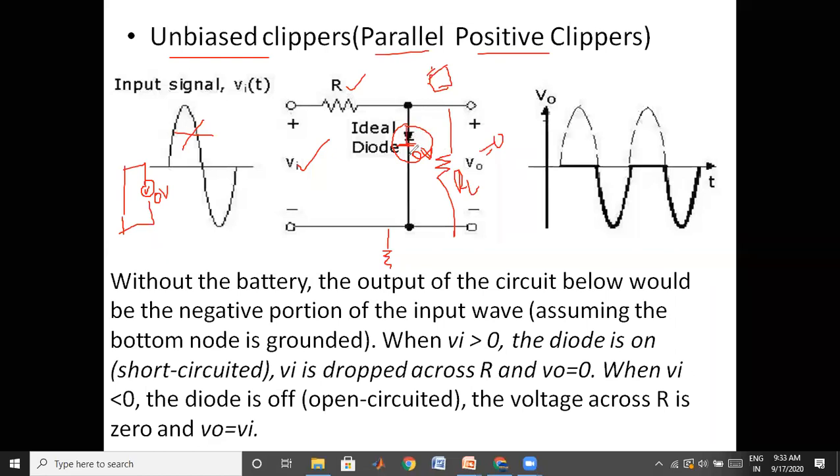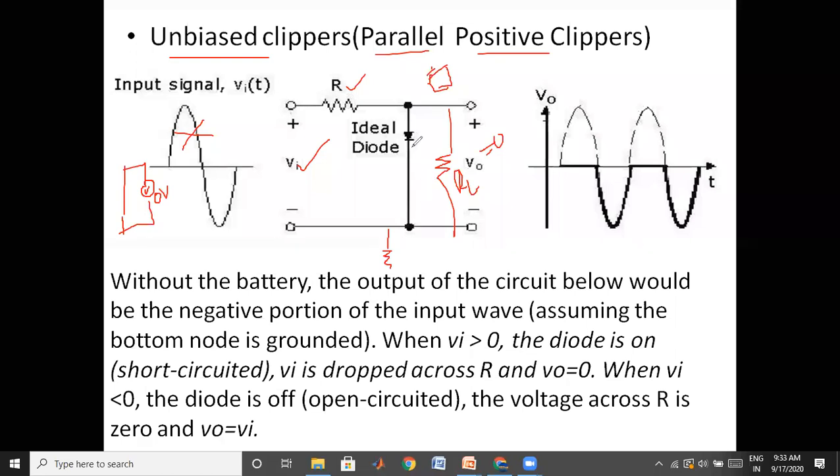If it is open circuited, whatever the input is will occur across the output. Since the cathode is connected to 0 potential, whatever voltage is greater than 0, we are going to get across the output.